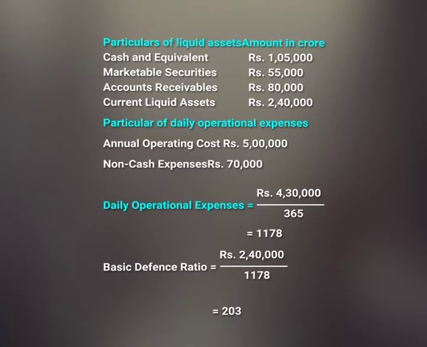Annual operating cost rupees 5 lakhs, non-cash expenses rupees 70,000, daily operational expenses rupees 4,30,000 divided by 365, which is equal to 1,178. So, the basic defense ratio is equal to rupees 2,40,000 divided by 1,178, which is equal to 203.